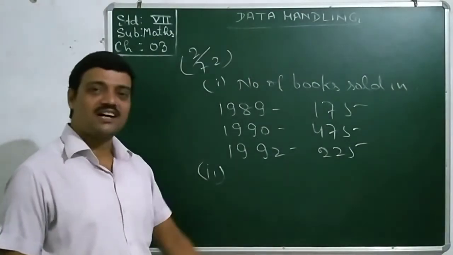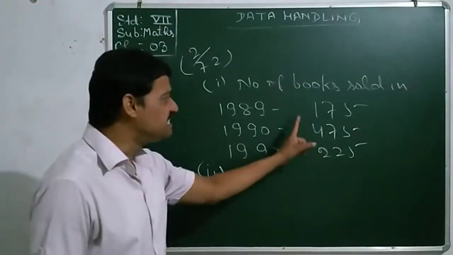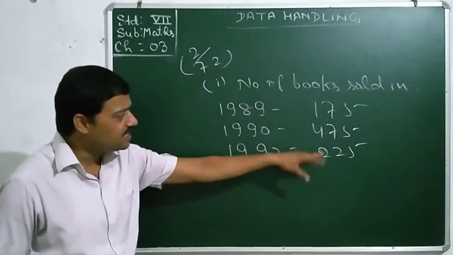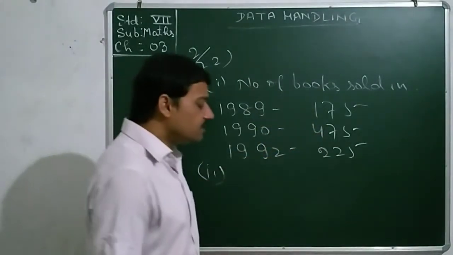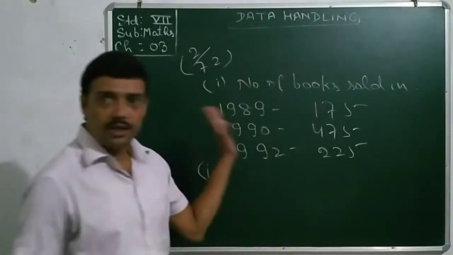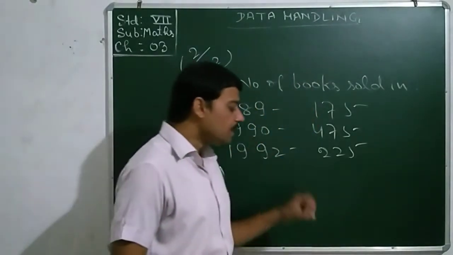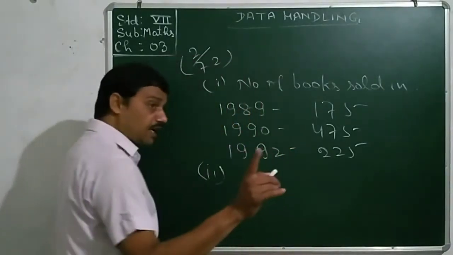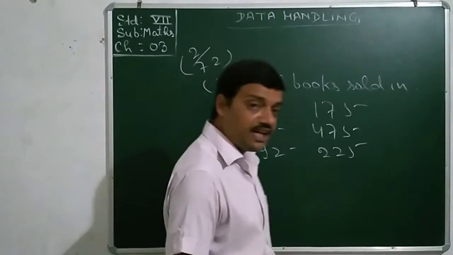If you go through the graph, see if there is any year where the number is less than 250, then you will write that. In the fourth part, third and fourth I am explaining verbally.